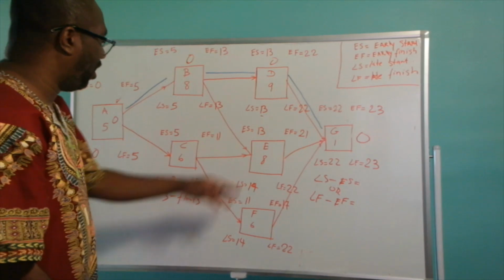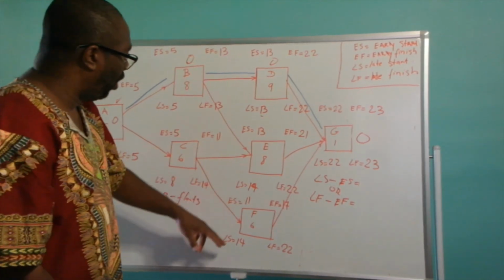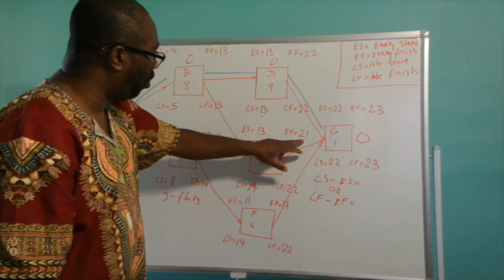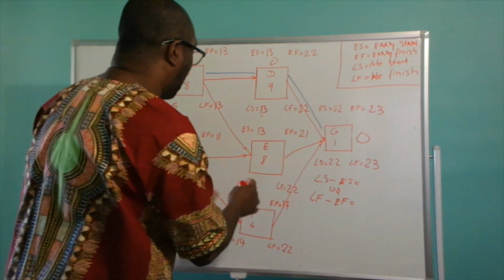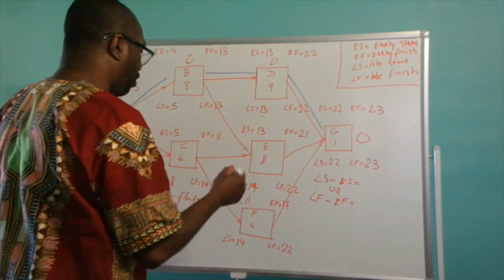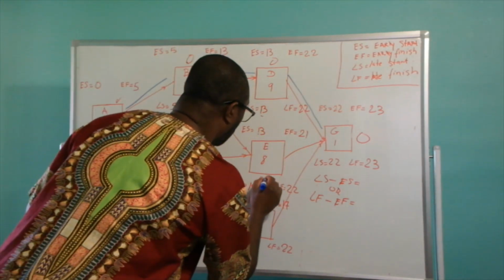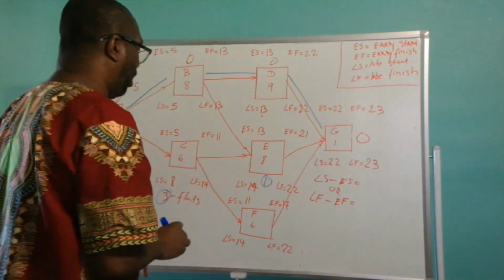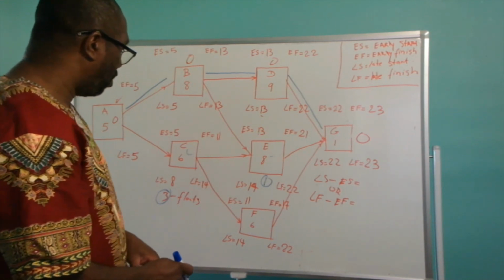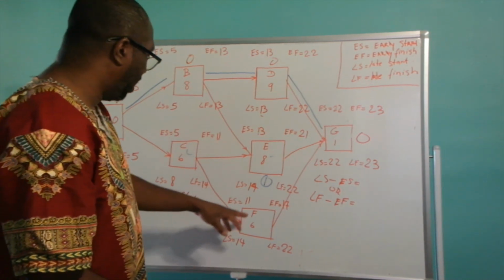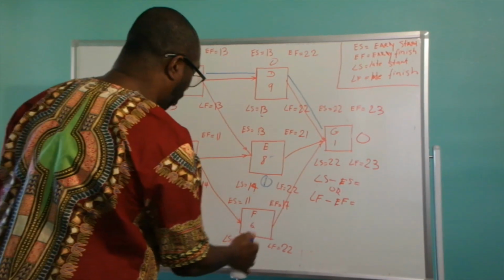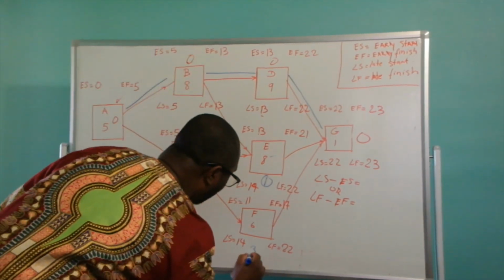Let's go to activity E. For activity E, we have 13 from 14, which is 1, and 21 from 22, which is 1, the same thing. So activity E has a float of 1 day. We go to activity F, and for activity F you still have a float, so 11 from 14 is really 3.